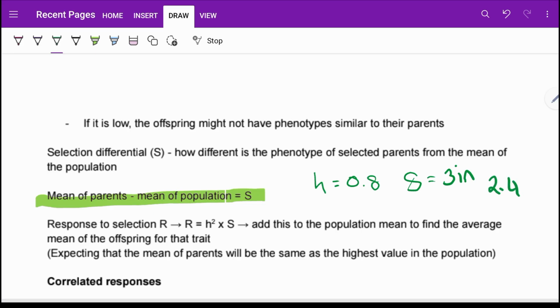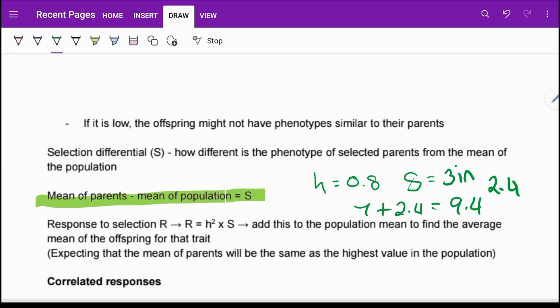We can then add that to the average. Let's say the average corn ear length is 7 inches. 7 inches plus 2.4 equals the average of the offspring. So the offspring of these two parents that have corn ears 3 inches larger than average would produce offspring with an average corn ear length of 9.4.